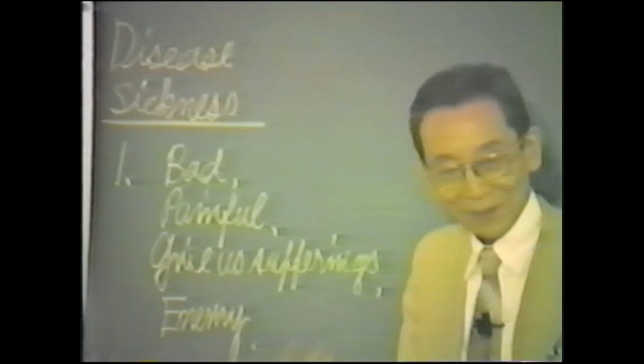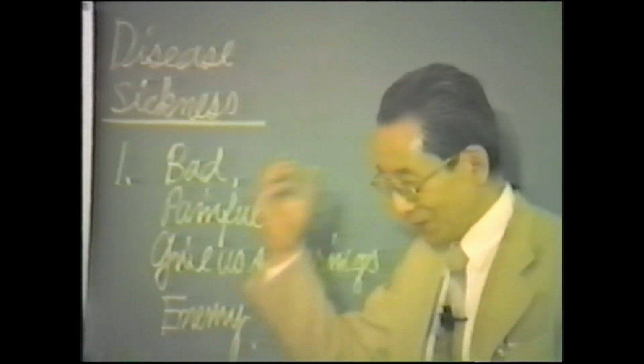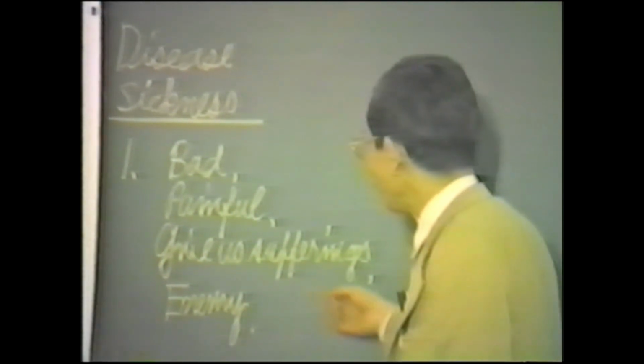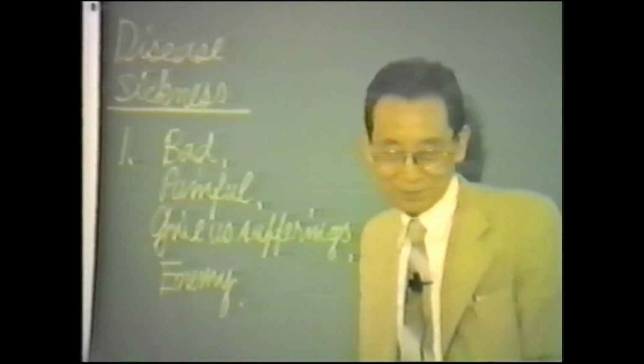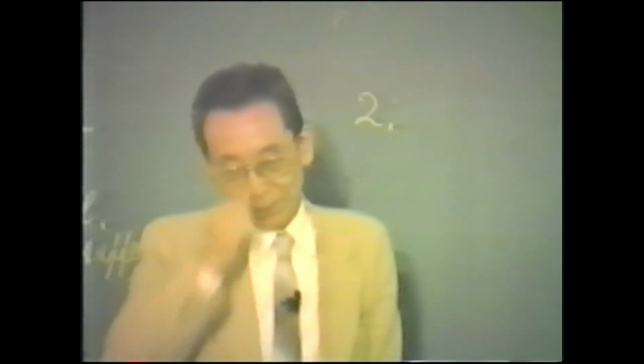Virus could be, bacteria could be, this and that could be. Enemy, devils, evil exist. In the macrobiotic approach, in this world there are no devils, no evils, no enemies.